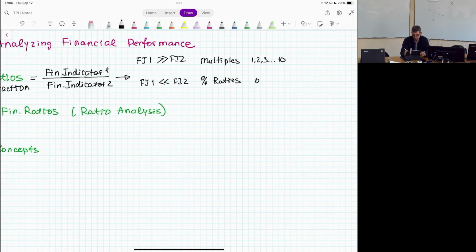So if it's, for example, 0.05, instead of trying to use multiples to express it, we will go to 5%. It is for convenience.